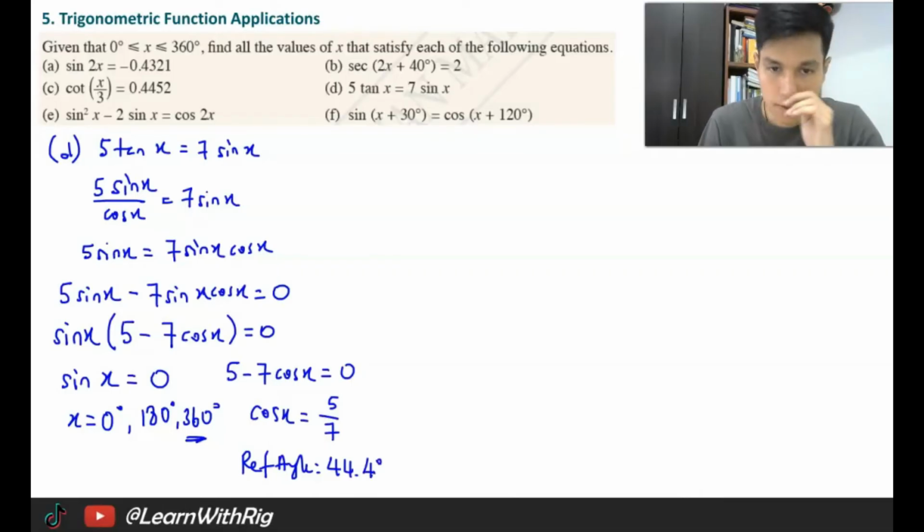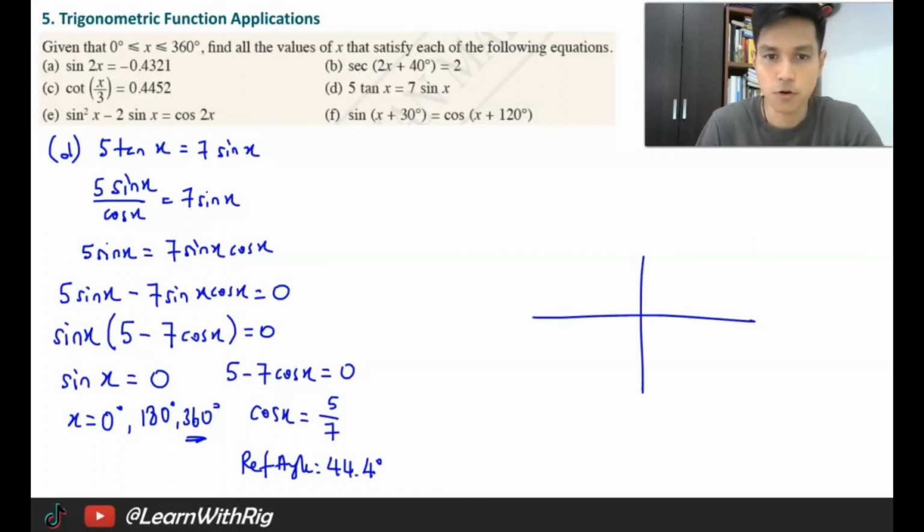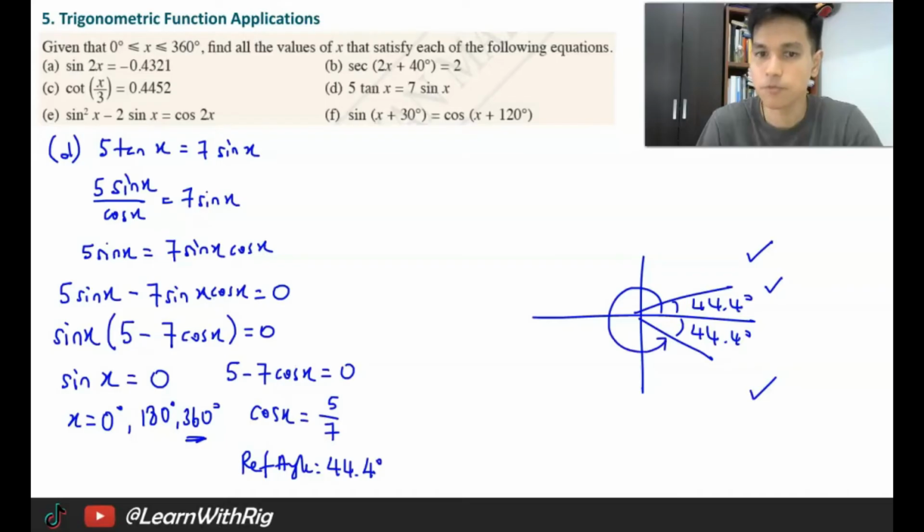Now 44.4 is in which quadrant? Positive cos is first quadrant and fourth quadrant. So 44.4 is here and 44.4 is here. The first quadrant will be 44.4 and the fourth quadrant will be 360 minus 44.4.